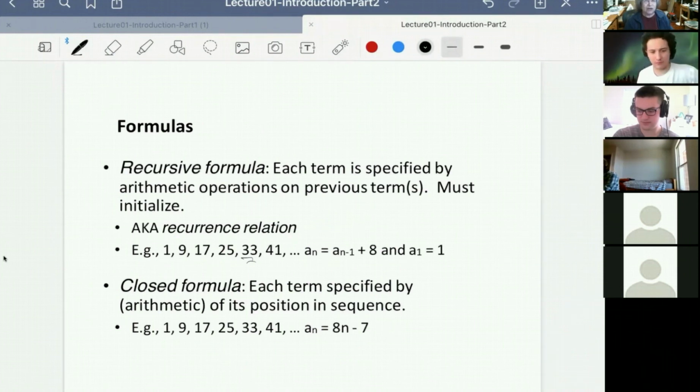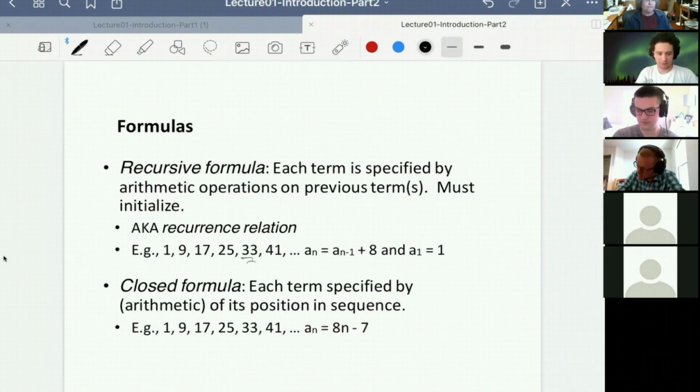When you have a recursive form, you have to tell the first element, because you can't start if you don't know what the first element is. If I just tell you I have a list where the next element is 2 bigger than the previous one, you say, well, where do I start?